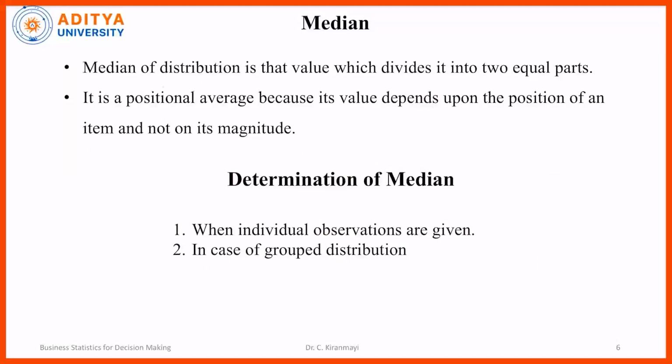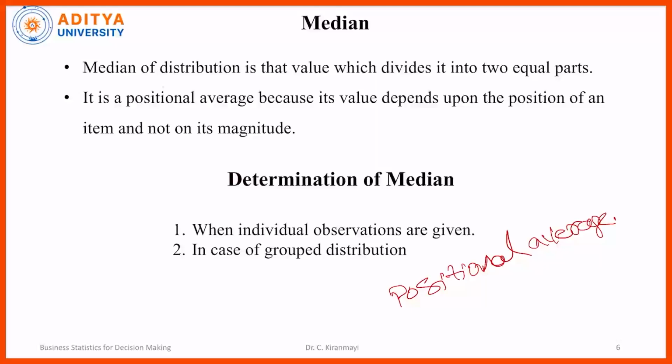And coming to median. So, first let me tell you what is median. Median is called positional average. Why is it called positional average? Unlike mean, median value does not depend upon the magnitude of the items.